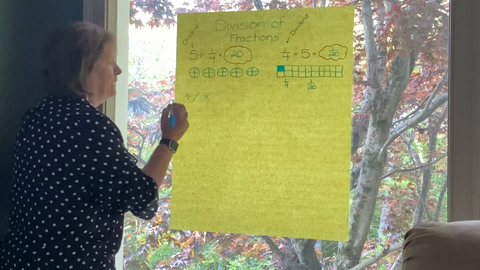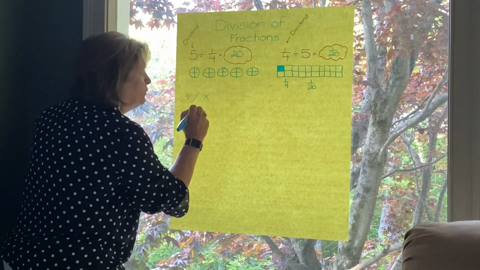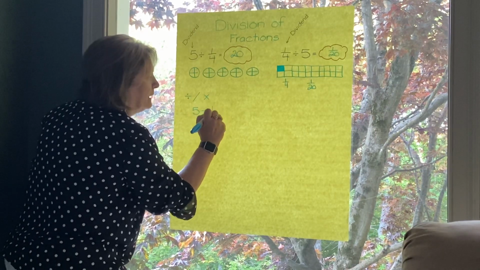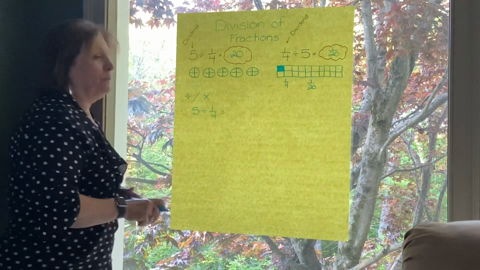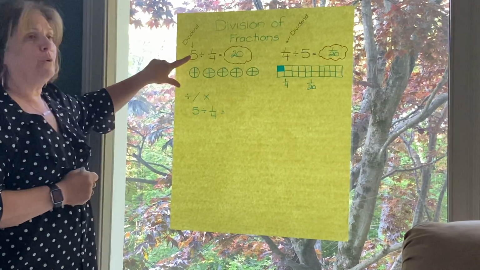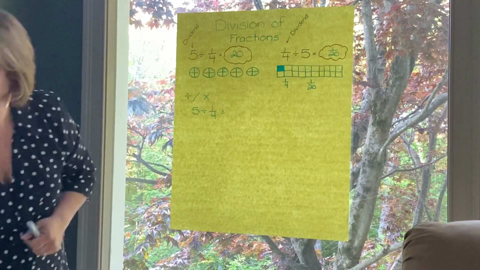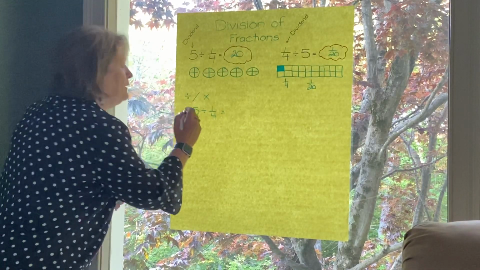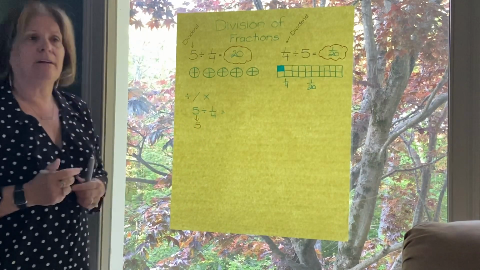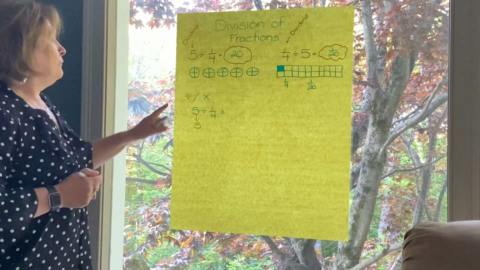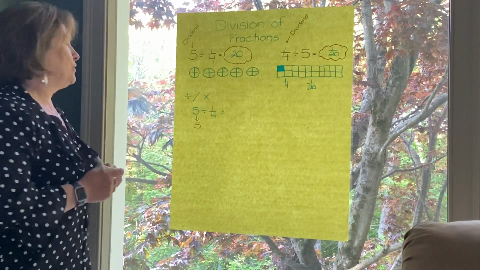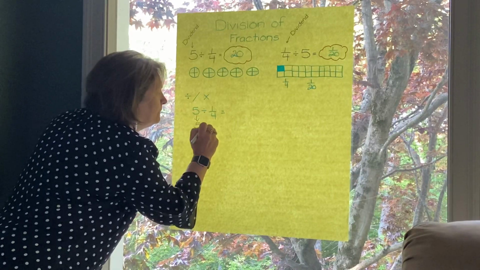So let's look at that again. We know our answer is going to be 20. How do we actually get that following the algorithm? So the first step is to leave the dividend or the first number the same. So the dividend always remains the same. So that's going to be 5. And then rather than division, we're going to use the inverse operation of multiplication.